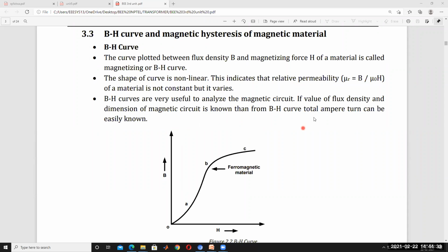If the value of the flux density B and the dimensions of the magnetic circuit are known, then the total ampere turns can be easily found using the BH curve.